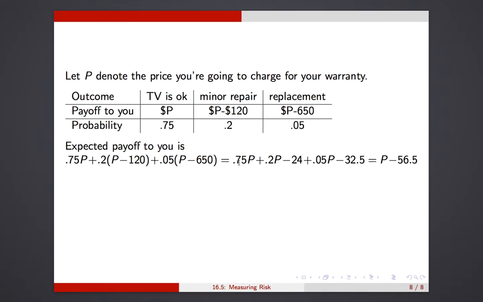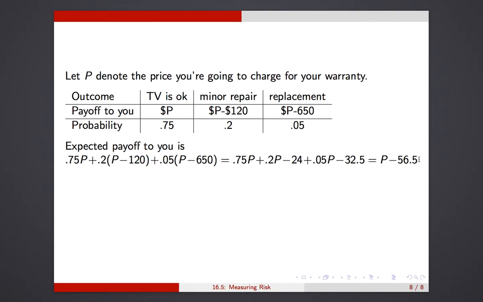Well, that's 0.95p, right? You can just add the coefficients. And then plus another 0.05p, now you have 0.75 plus 0.2 plus 0.05, but that's just 1. So you can verify that. 0.75 plus 0.2 plus 0.05 is just 1. So that's why there's just a p right here. And then minus 24 minus 32.5, that is negative 56.5.